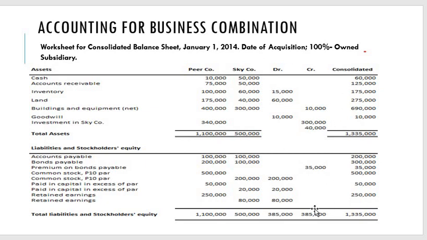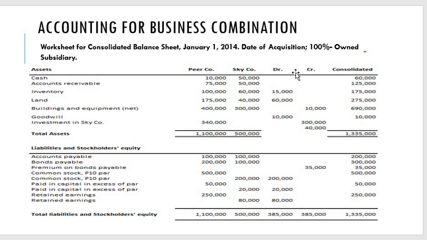So the purpose of working paper eliminating entries actually is to eliminate the investment account, right? Eliminate the investment account and recognize the undervaluation and overvaluation of your assets and liabilities and to recognize goodwill.